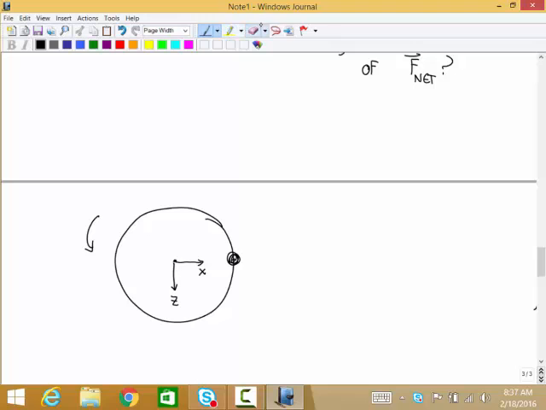And the y-axis is coming out. The velocity vector is this way. It's uniform circular motion, so there's no tangential acceleration. There is a centripetal acceleration going that way. And since there's no tangential, that's also equal to the total acceleration.